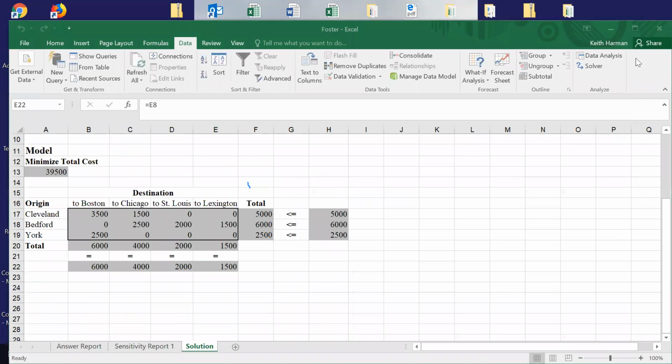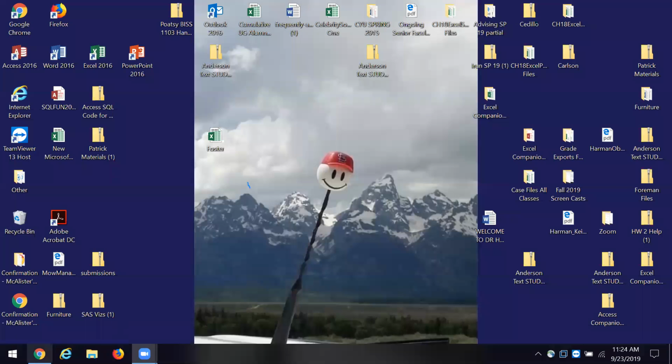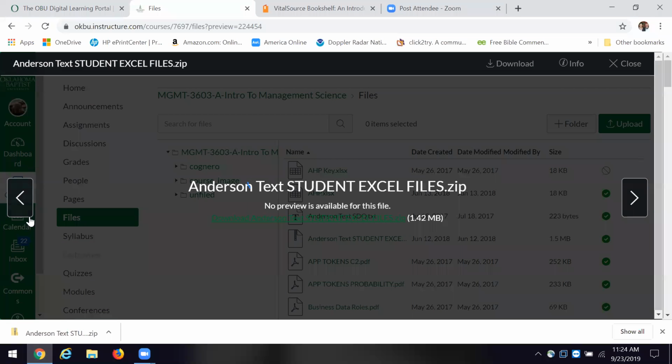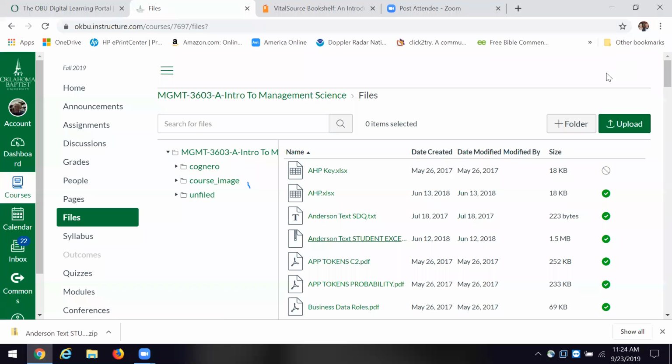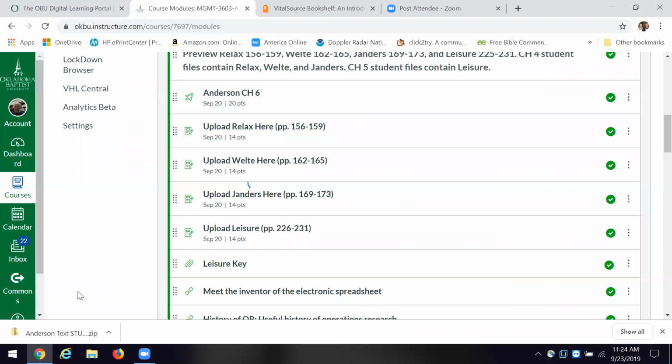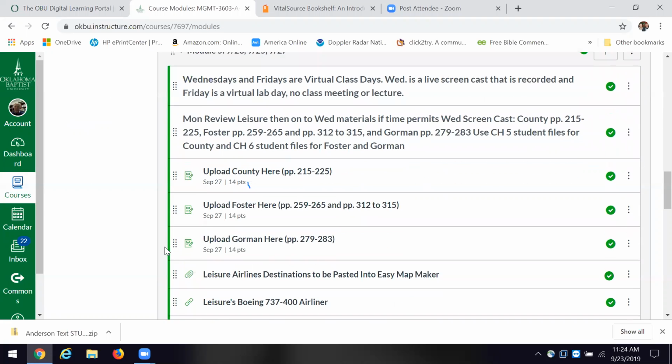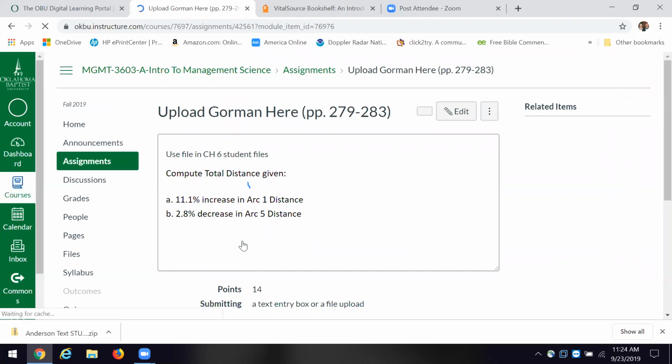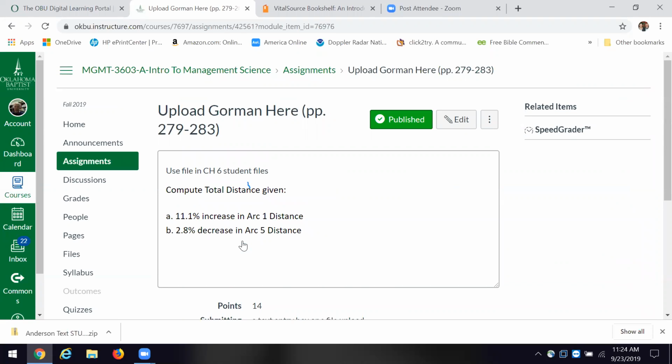So that's one you'll be working on. Now, we'll go back over here for a sec. We're also going to take a look at a second case, and that one's the Gorman. In this one, we're concerned about the total distance between nodes, but the issue for us now is not just balancing nodes, that is origin or destination.